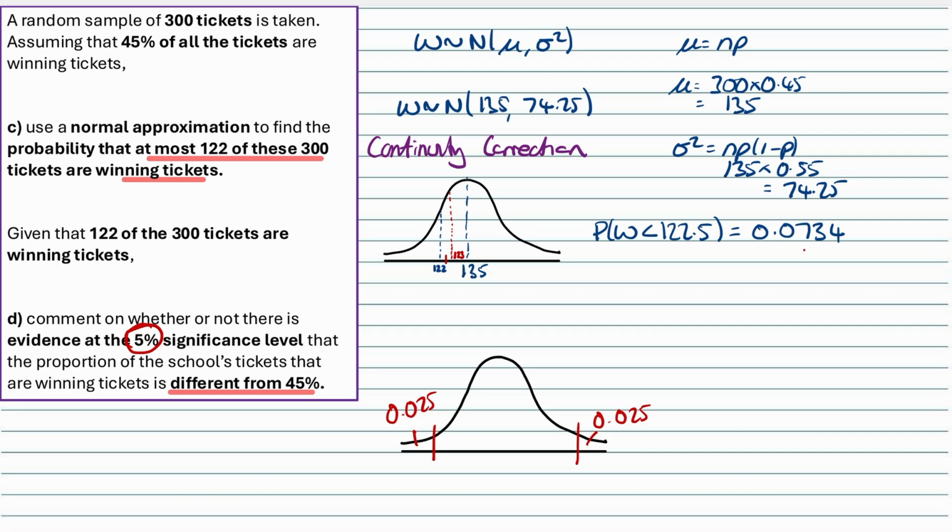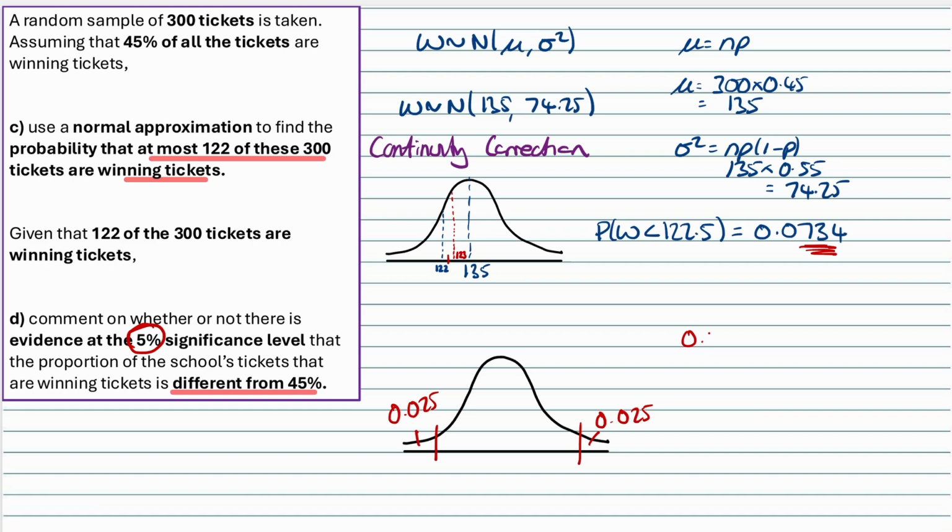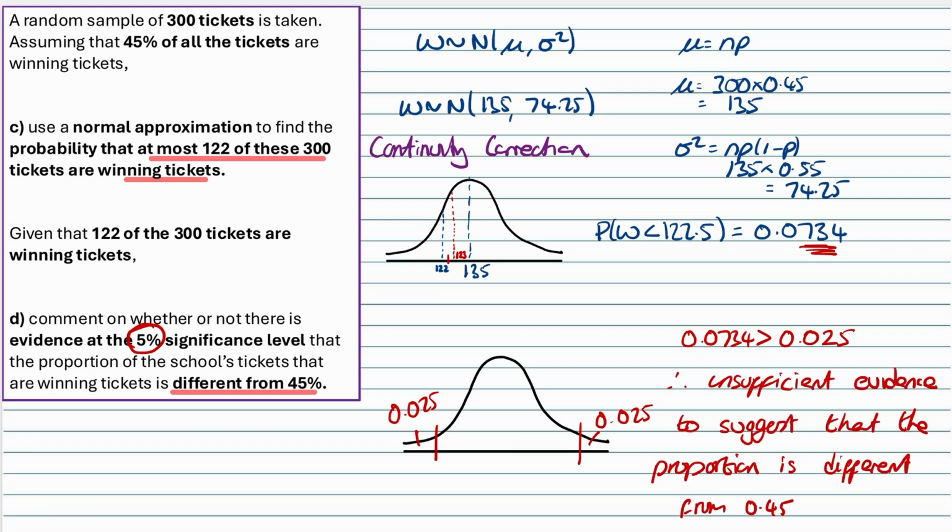And we've just worked out a probability as 7.34%. So because the 7.34% is greater than the critical value of 0.025 or 2.5%, we can say there's insufficient evidence to suggest that the proportion is different from 0.45.